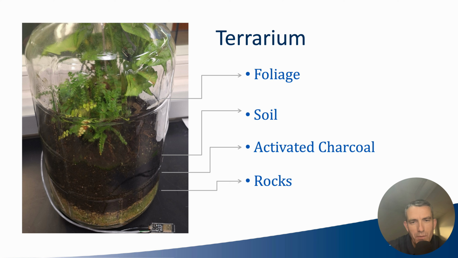And it has some soil, of course, and under the soil, or you can disperse it, but here it's a little concentrated area of activated charcoal to help with some of the toxins that can be present and absorbing other unwanted items. And then, of course, you have your rocks there at the bottom to help with water management.